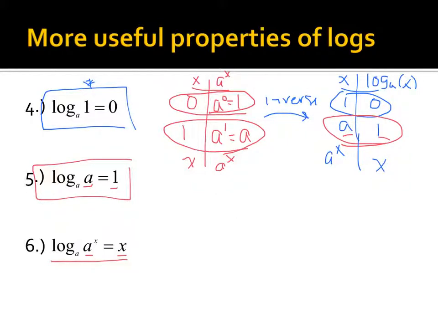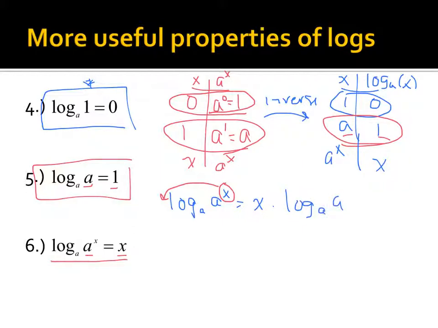A different way, which I like because it connects everything, I hope, for you, is that let me start with the left-hand side. I have log a of a to the x. Well, you have just learned a property, I think it's property number 2 in previous videos, that this x, because it's a power, can go on the front. So I can rewrite this as x times log a of a.